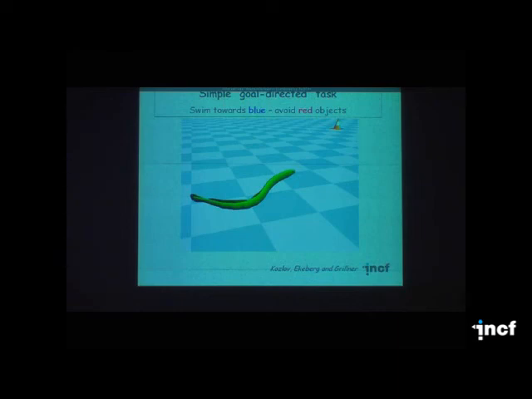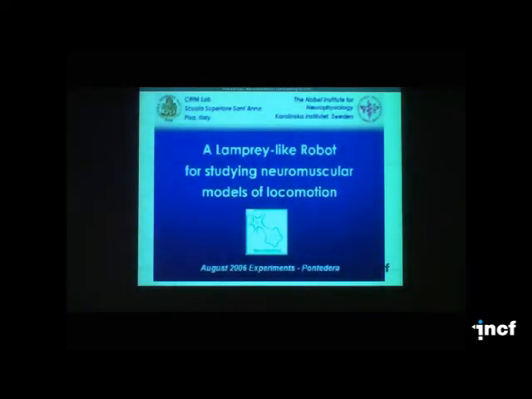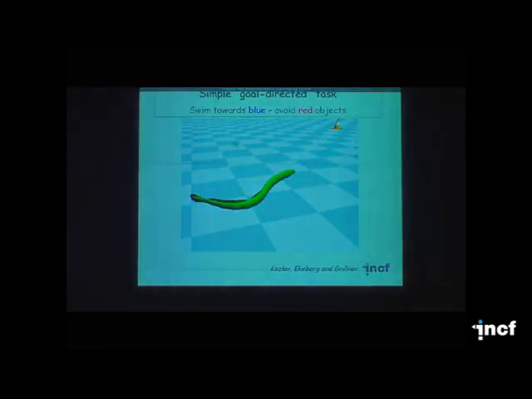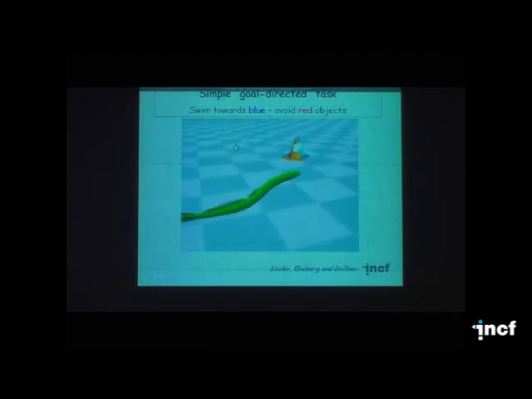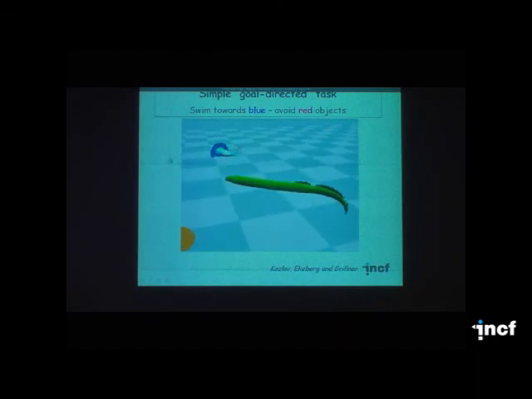So essentially, if the model lamprey receives blue objects, it will start swimming towards them, and red objects it will start to avoid. So this is a simulated lamprey in simulated water, and as you see here, it avoids the red one and then hits the blue one, just to make another level.